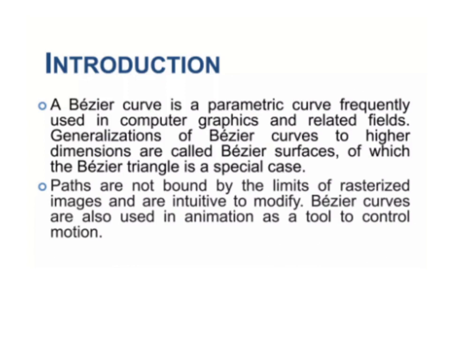Therefore, Bezier curves are widely available in various CAD systems and general graphical packages. In this section, we will discuss the cubic Bezier curve. The path in a Bezier curve is not bound by the limits of rasterized images and is intuitive to modify. Bezier curves are also used in animation as a tool to control motion.